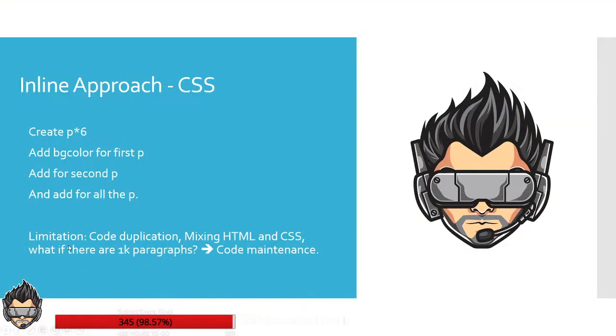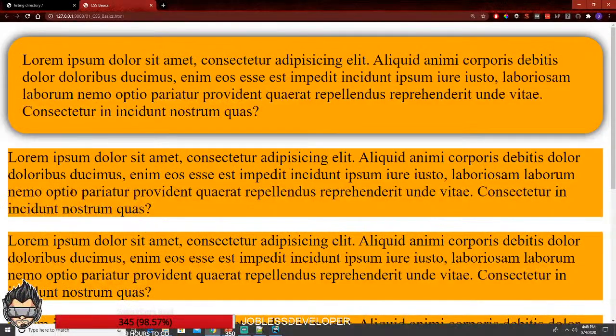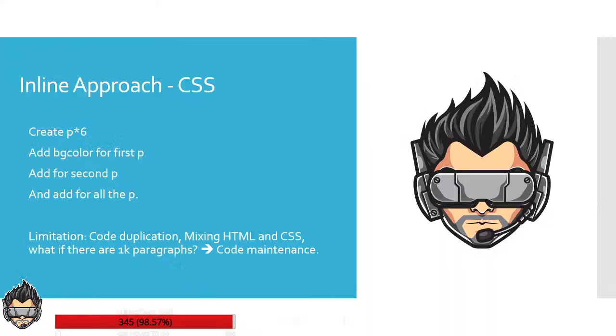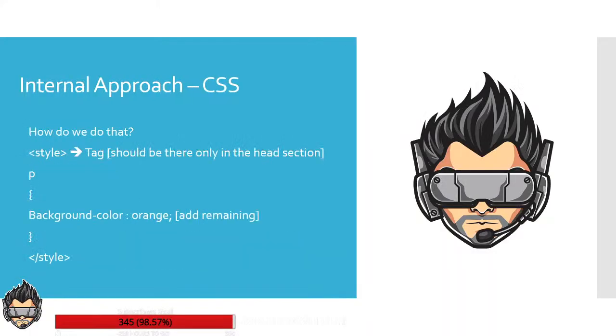So as I said earlier, what if there are 1000 paragraphs? You just can't go and copy paste for all the 1000 paragraphs, right? Same code, you cannot do that. So there comes the next type of approach called the internal approach.